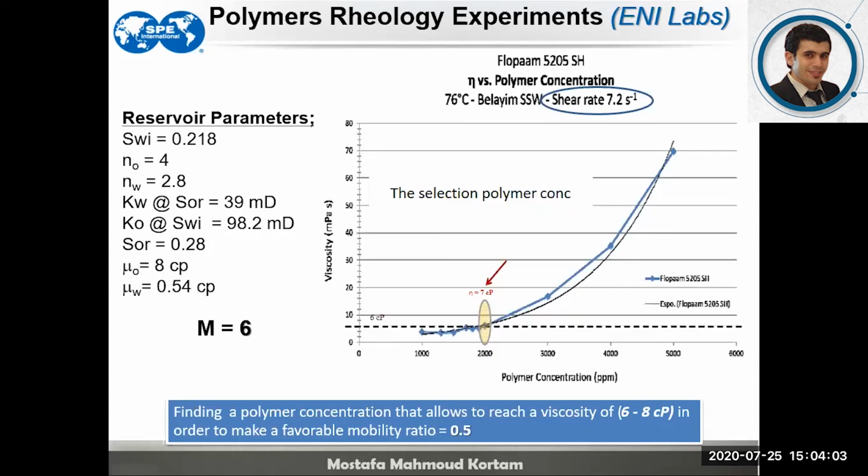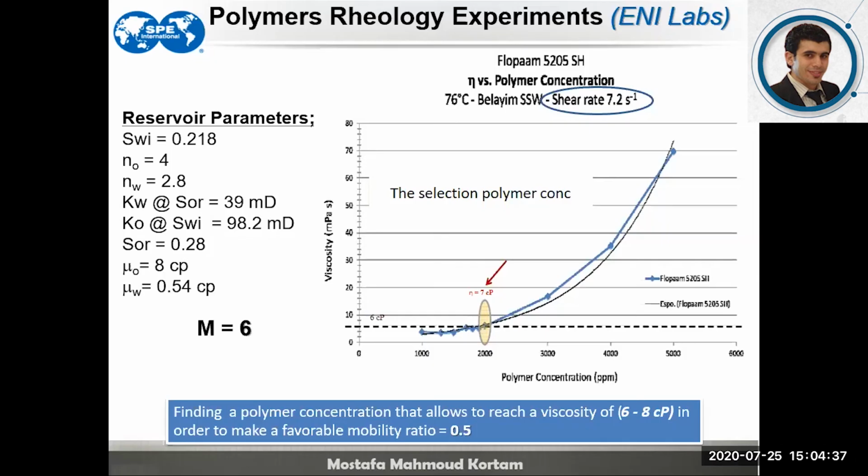It's better, as a safety factor, to design it at less than 1. 0.5 is a good approach that many operators follow. 0.7 or 0.8 is fine as well, but having this kind of room enables you to inject freely, without worrying that your polymer slug may deteriorate or diminish on its journey toward the displacing front of the oil bank.